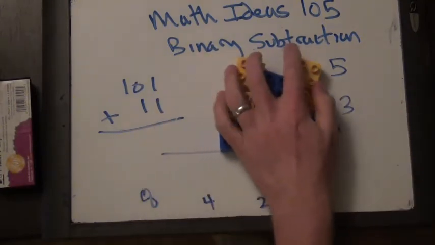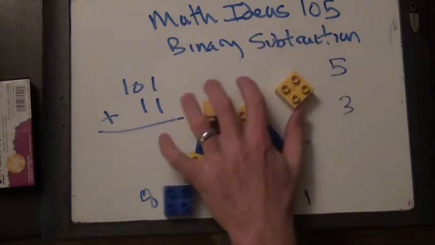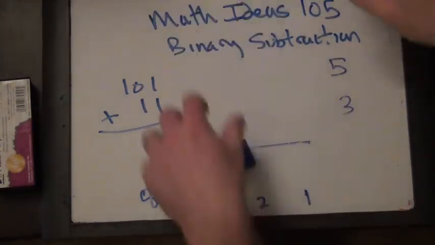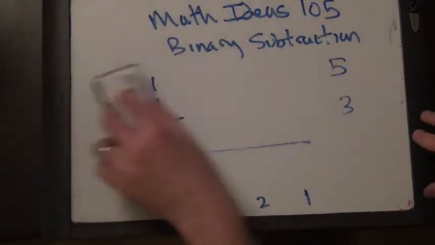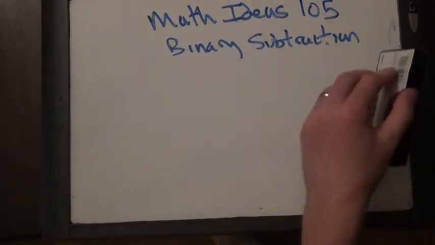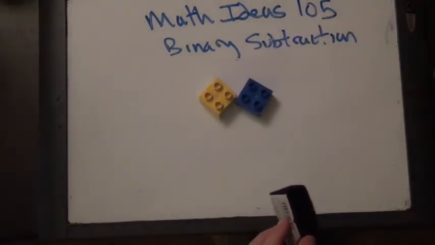Okay, now we're going to do some subtracting. Now I want you to pick two numbers to do some subtracting with. Set up 2 numbers with your blocks with 1s and 0s.